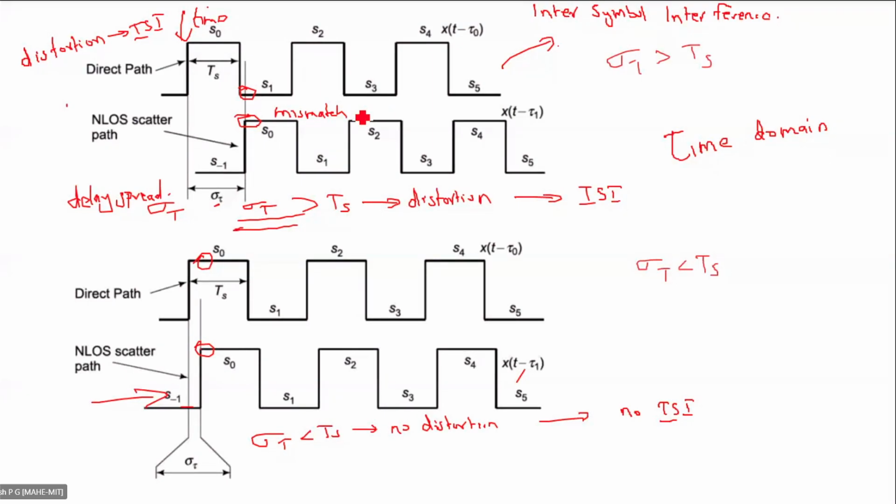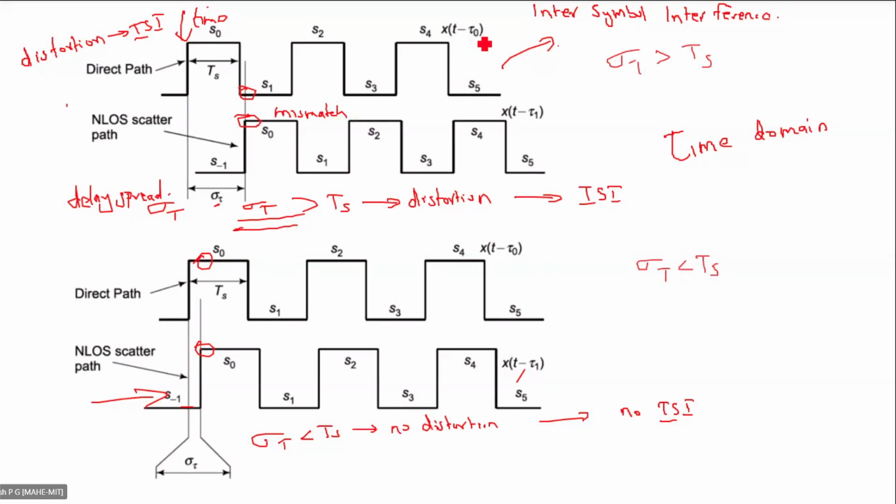Since there is a mismatch, there is a distortion, and that distortion is technically called inter-symbol interference. That means if the delay in the NLOS component is more, there is an ill effect, and that ill effect is the distortion, called inter-symbol interference.